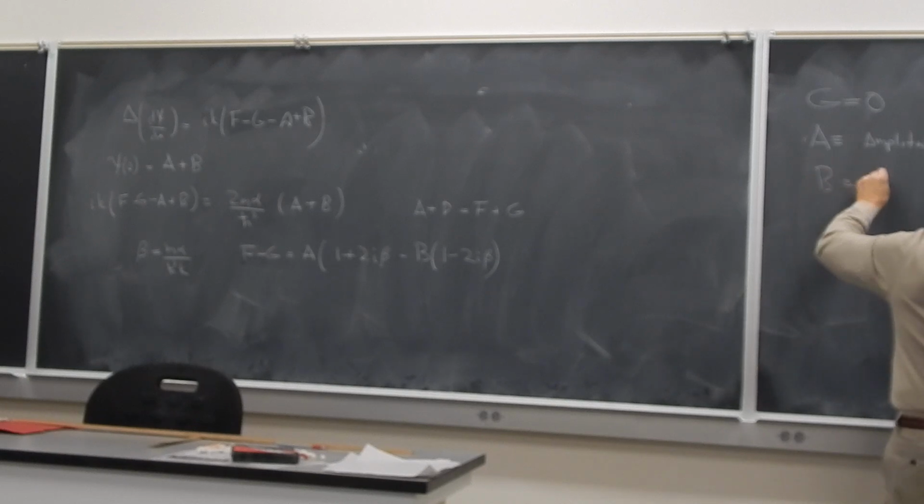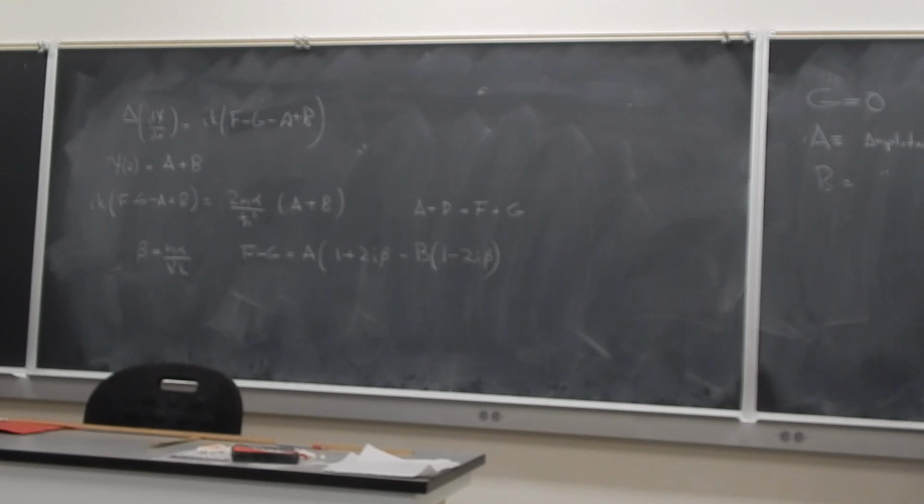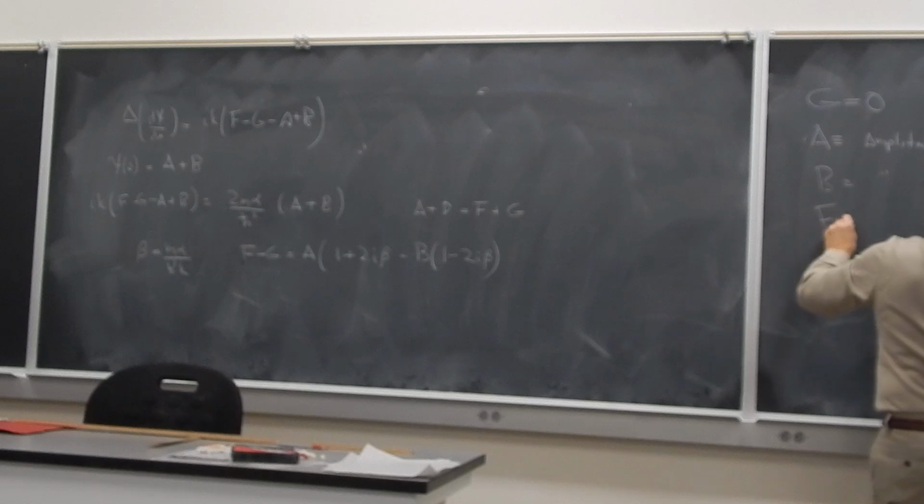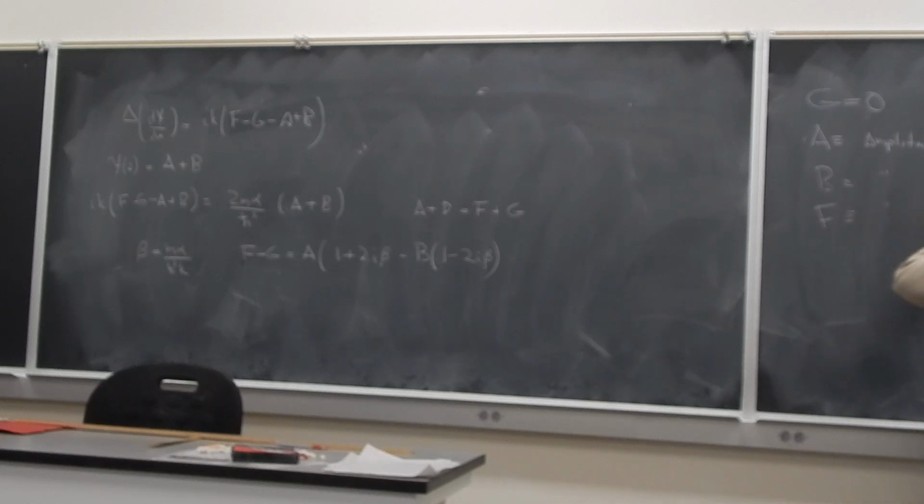B would be the amplitude of the reflected wave. And F would be the amplitude of the scattered wave, or the transmitted wave, if you like.